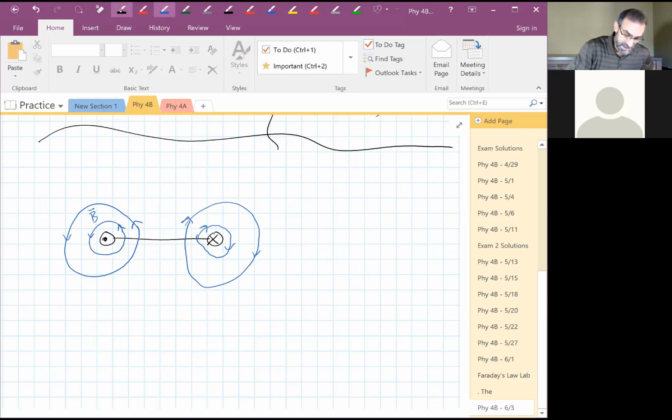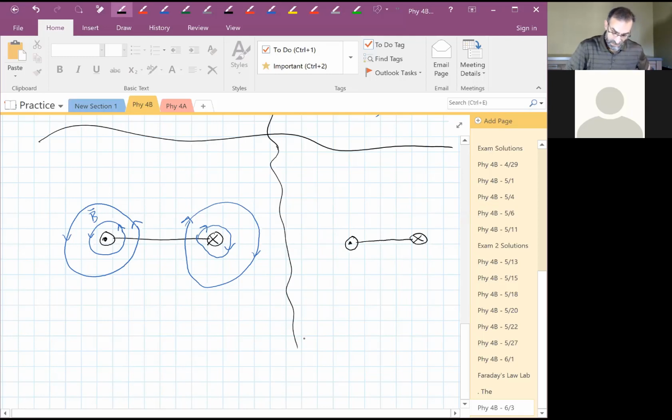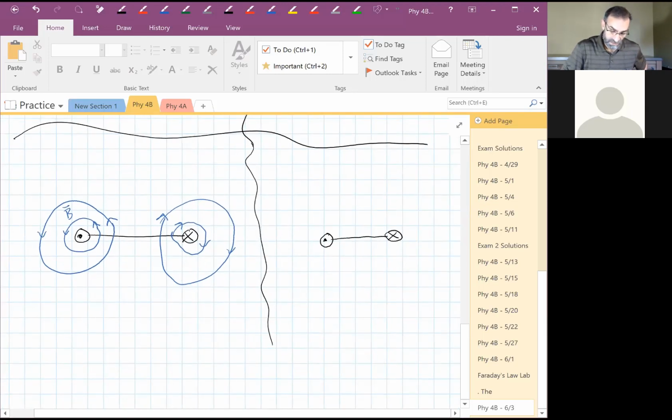All right, now let's redraw this. Let's redraw those magnetic fields a little bit. Fill it in. It basically looks like this.